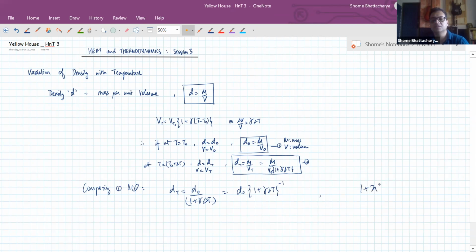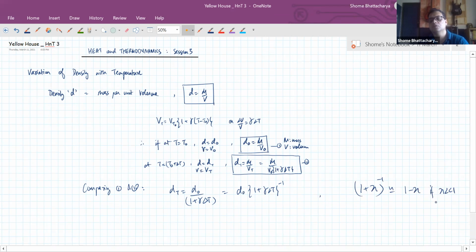So (1 plus x) to the power minus 1 can be approximated as 1 minus x if x is very small compared to 1. This is called binomial approximation. So (1 plus gamma delta T) to the power minus 1 can be approximated as 1 minus gamma delta T, because gamma delta T is very small compared to 1.